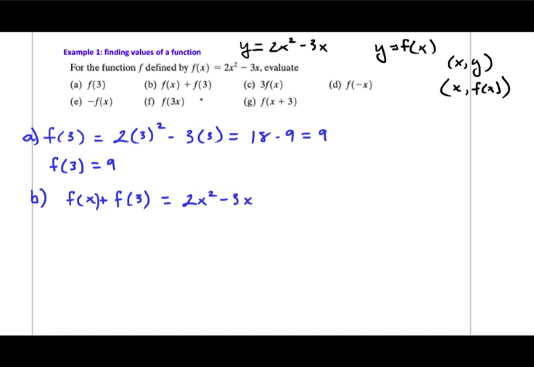And note that we've already found f of 3, which is 9, so we can just plug that in there.